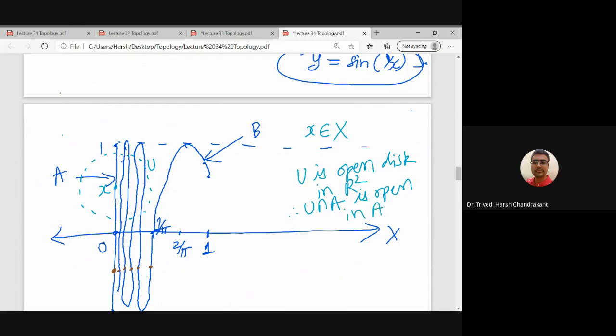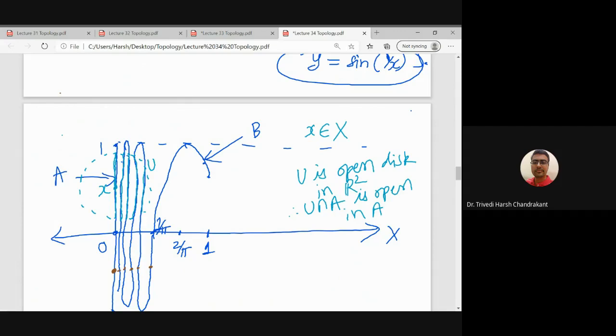So what will be the points it will contain? It will contain all these points, all the points in this line, all the points here, all points here, this point, and this point.